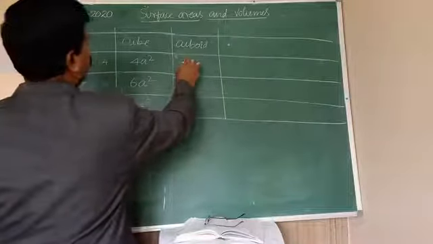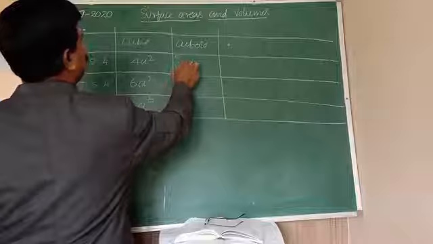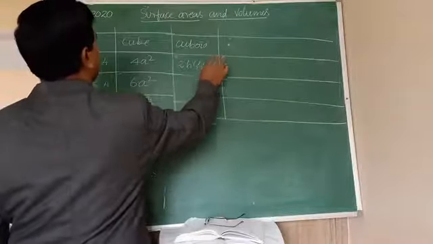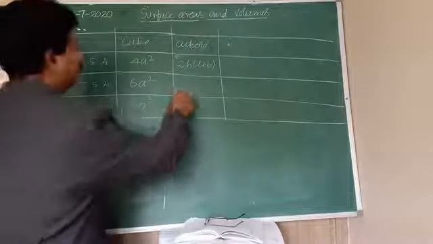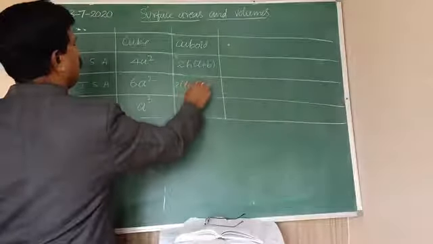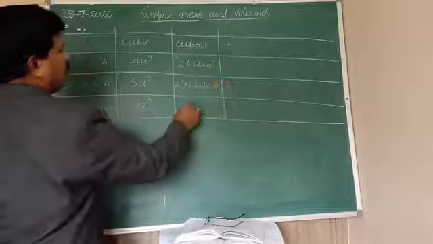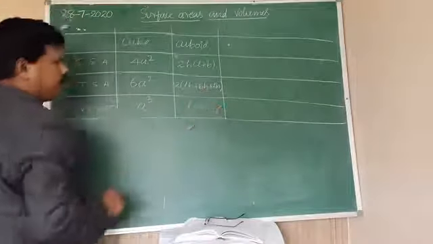Cuboid, what is that? Lateral surface area is 2h into (L plus B). Then total surface area is 2 into (LB plus BH plus LH), and volume is length into breadth into height.